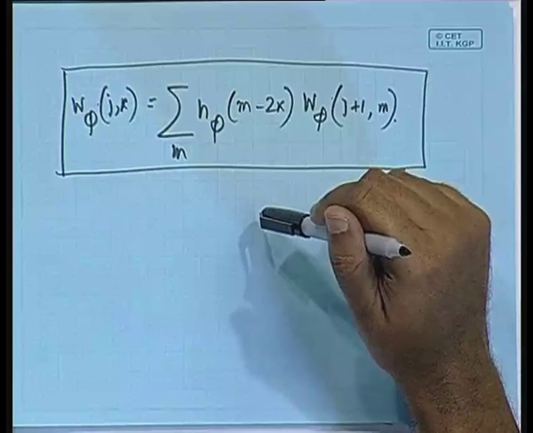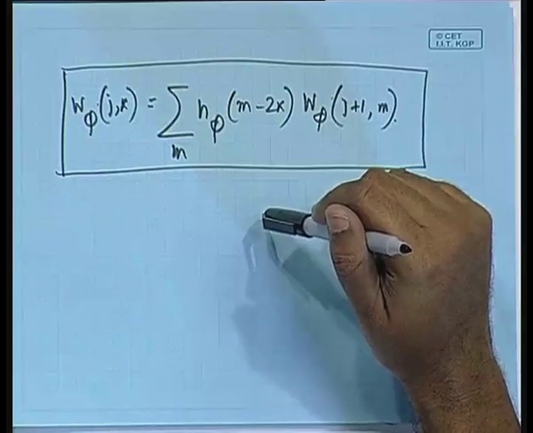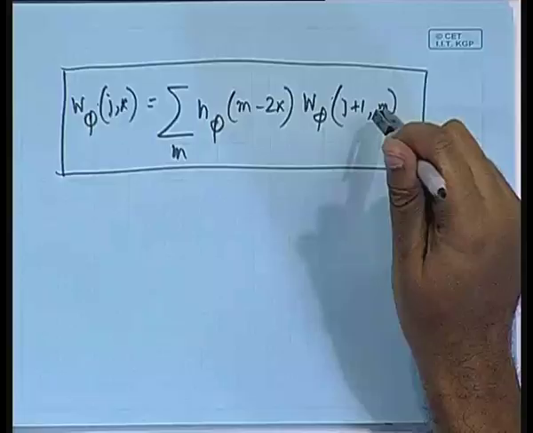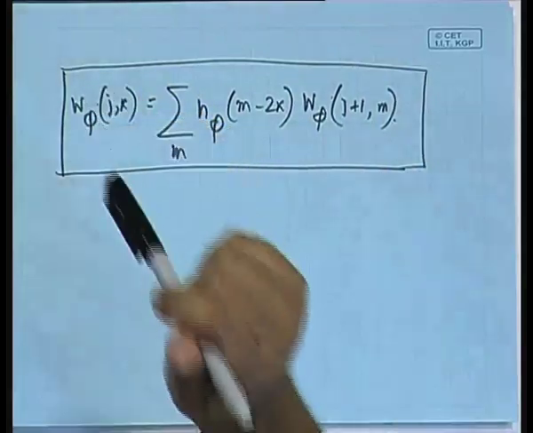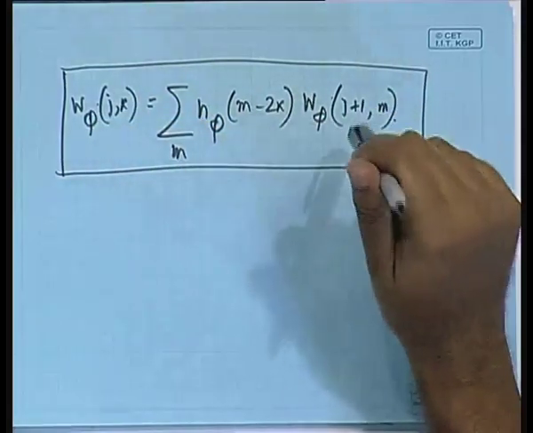So, if you have two filters, one with impulse response h phi of m and the other with h psi of m, at the input of the filter you are giving this quantity and you are getting this quantity out of it, because it is a convolved form.